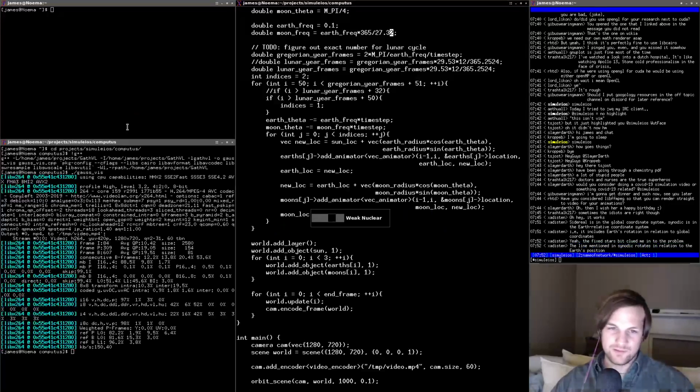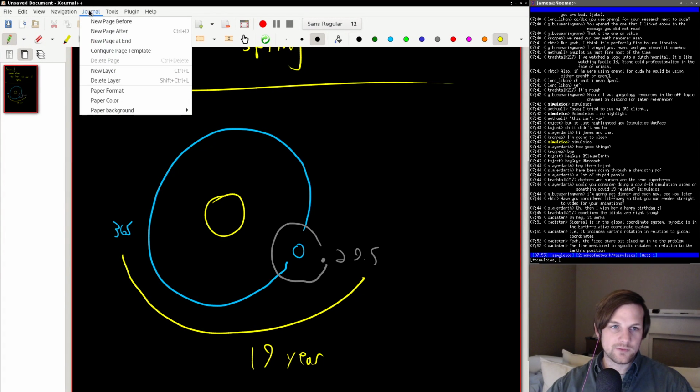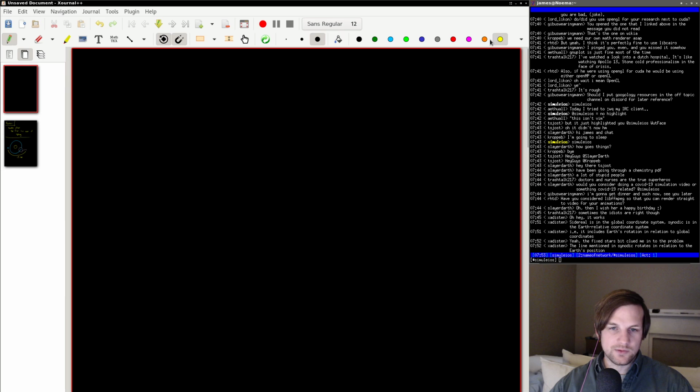Right, let me just, the line mentioned in synodic rotates in relation to the Earth's position. Right, that's what I thought we wanted. Journal new page 4. So we have the sun here, and then we have the Earth here, and then we have the moon here, right? So this would be a new moon, because the Earth completely covers that.